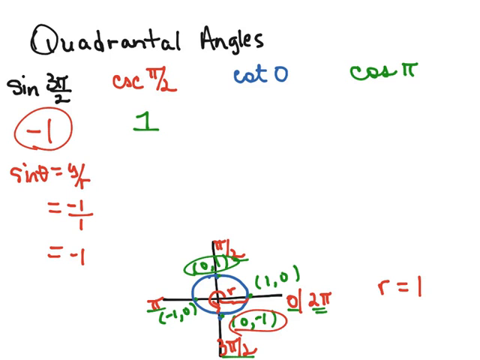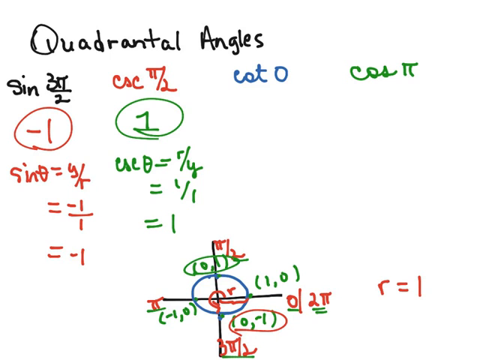So the answer to this question is 1. Or, the way that we're thinking about it today, the cosecant of theta is equal to r over y. R on a unit circle is always 1, y is equal to 1, and the answer turns out to be 1. So whichever way you want to think about it, the cosecant of pi over 2 is 1.